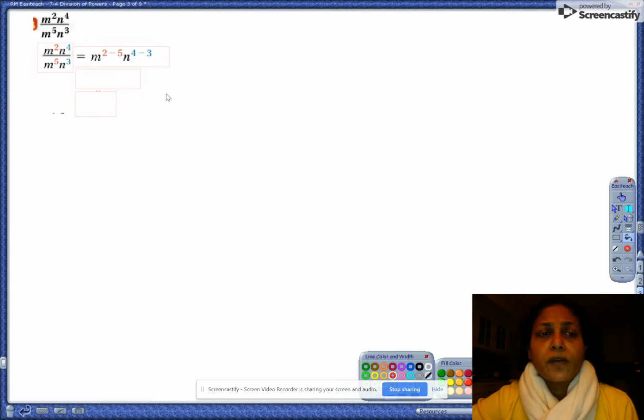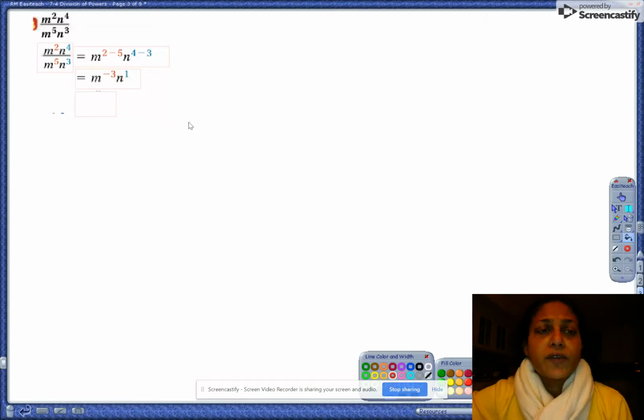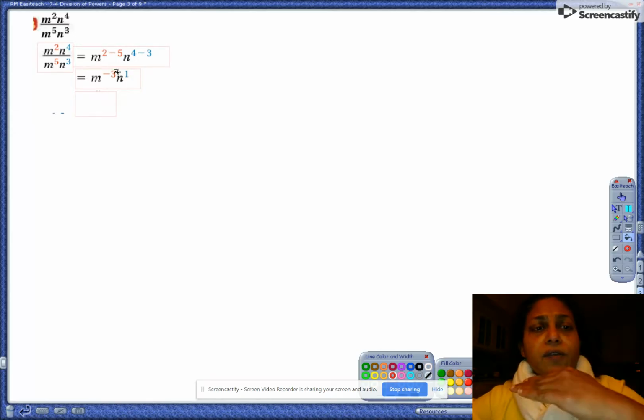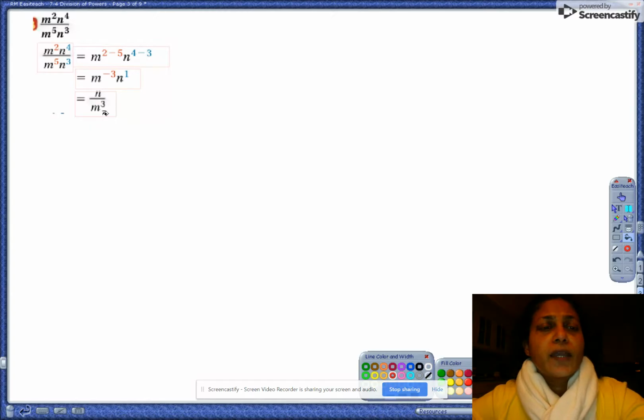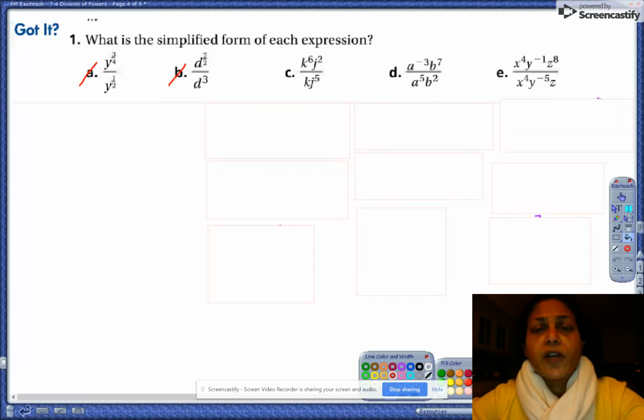So we subtract 2 minus 5 for the m and 4 minus 3 for the n, which simplifies to m to the negative third and n to the first. You cannot leave your answer with a negative exponent, so that goes into the denominator and it becomes n over m to the third.